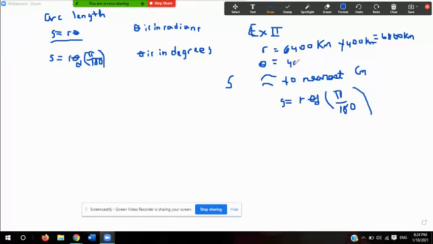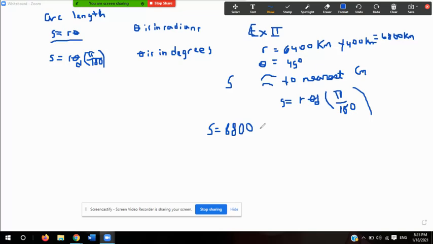So now that we have that, we can simply plug in the numbers into the formula. So we know that S is going to equal the radius, which is actually 6,800. Again, the 6,400 that is being assumed is the Earth's radius plus the 400 kilometers of the space station.